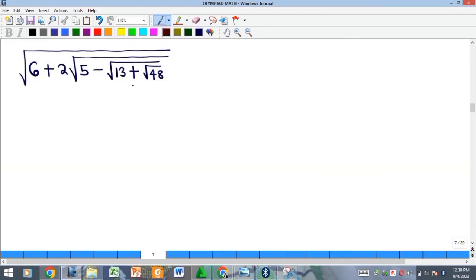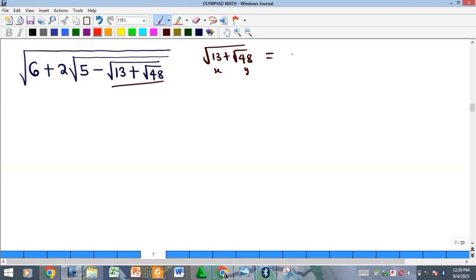Okay, so we'll begin from the innermost square root, which is the square root of 13 plus the square root of 48. In this case, our x is 13, our y is 48.